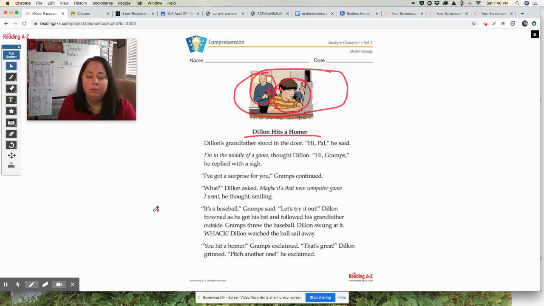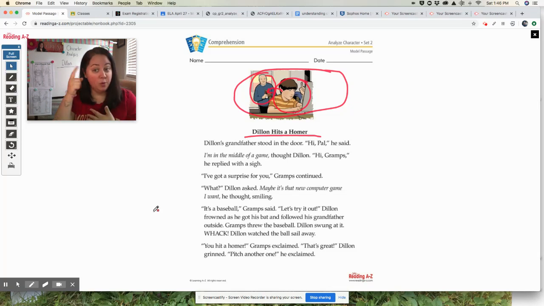Dylan frowned as he got his bat and followed his grandfather outside. Gramps threw the baseball. Dylan swung at it. Whack! Dylan watched the ball sail away. "You hit a homer," Gramps exclaimed. "That's great," Dylan grinned. "Pitch another one," he exclaimed.